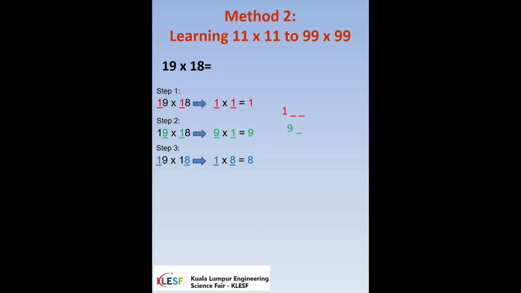And 1 times 8 is equal to 8, which forms 80. The last step is 9 times 8, and this will equal 72. We then total up 100 plus 90 plus 80 plus 72, which gives 342. So 19 times 18 will equal 342.